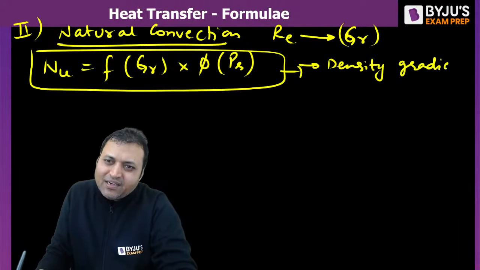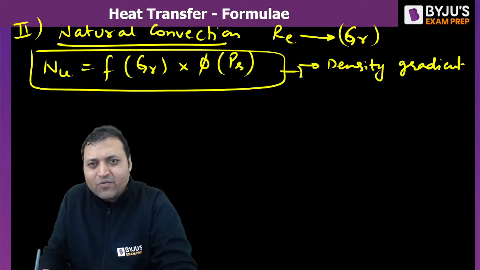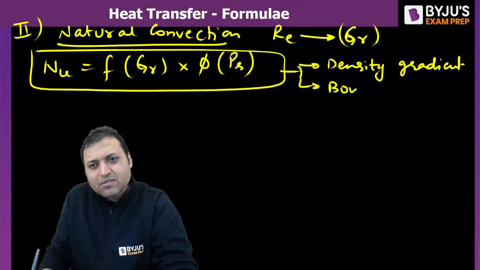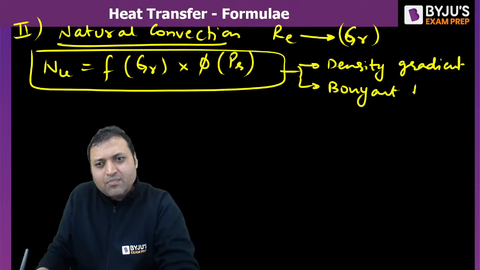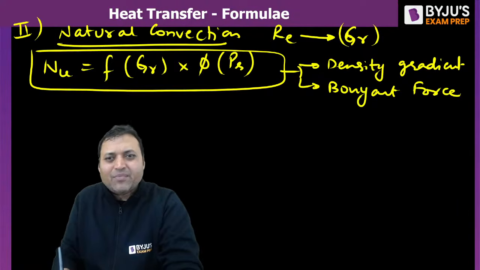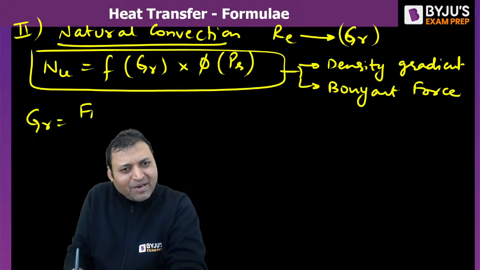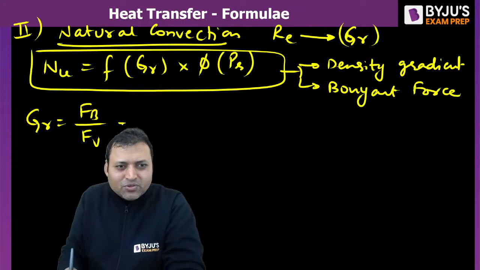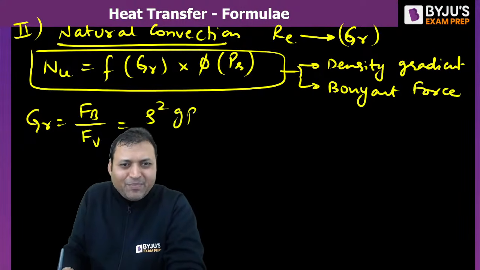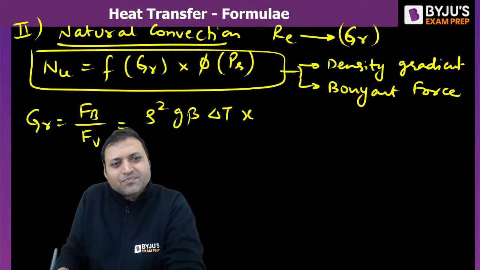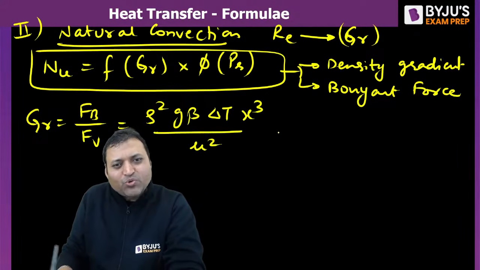Density gradient and buoyancy force. What is Grashof number? Grashof number is the ratio of buoyancy force to the viscous force. So this is given by rho square g beta delta T x cube by mu square.